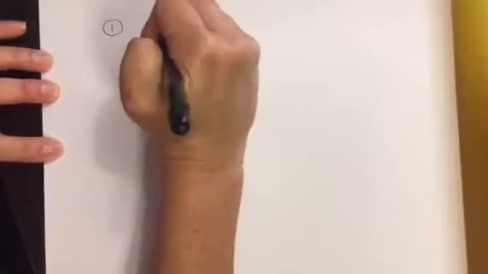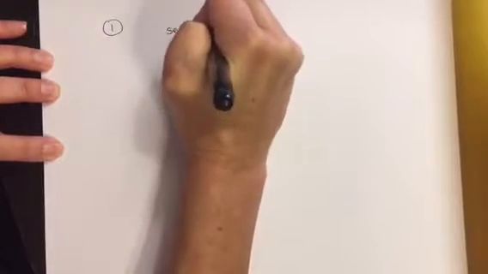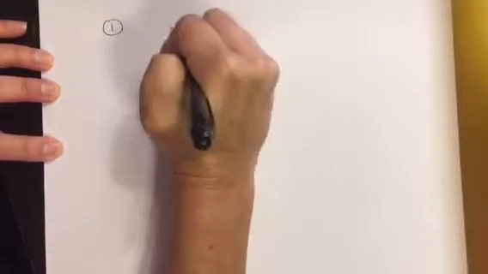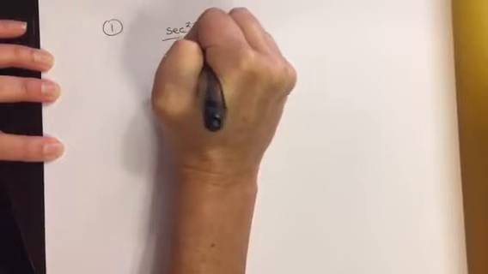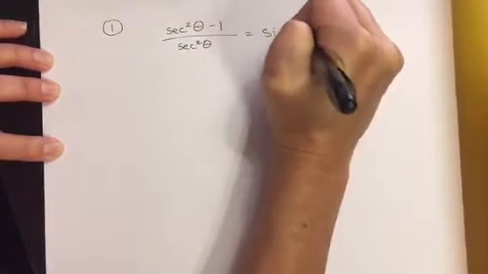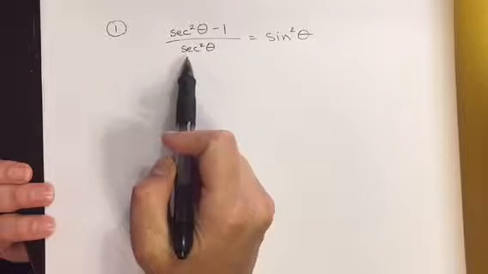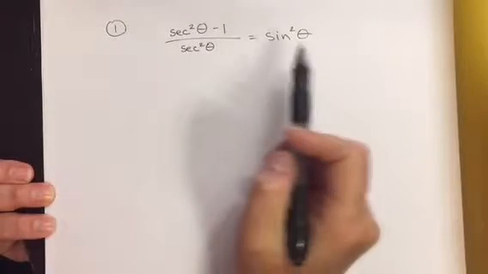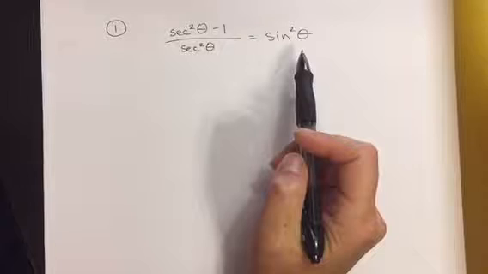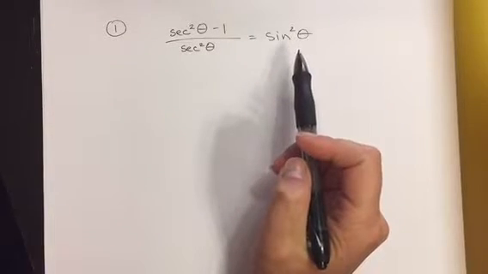So example 1, this is going to be verify the identity. All right, so I need to verify if secant squared theta minus 1 over secant squared theta equals sine squared theta. So I'm always going to take the more difficult side of the equation first.